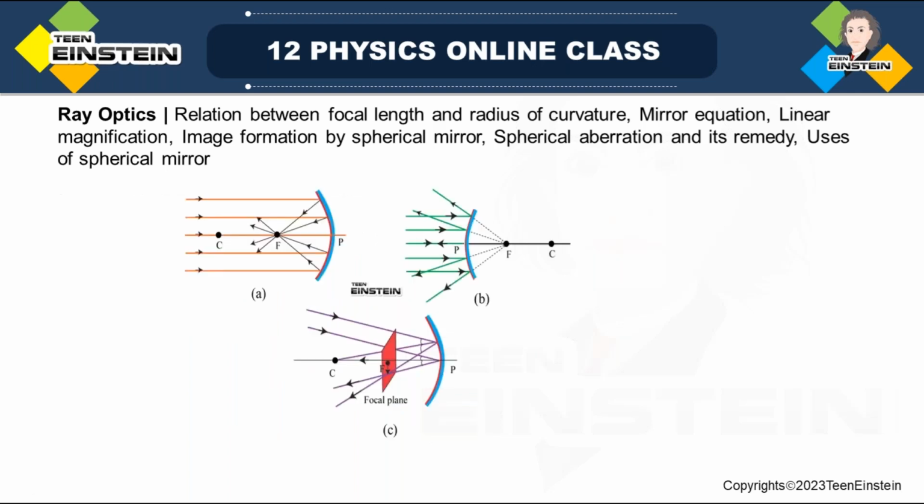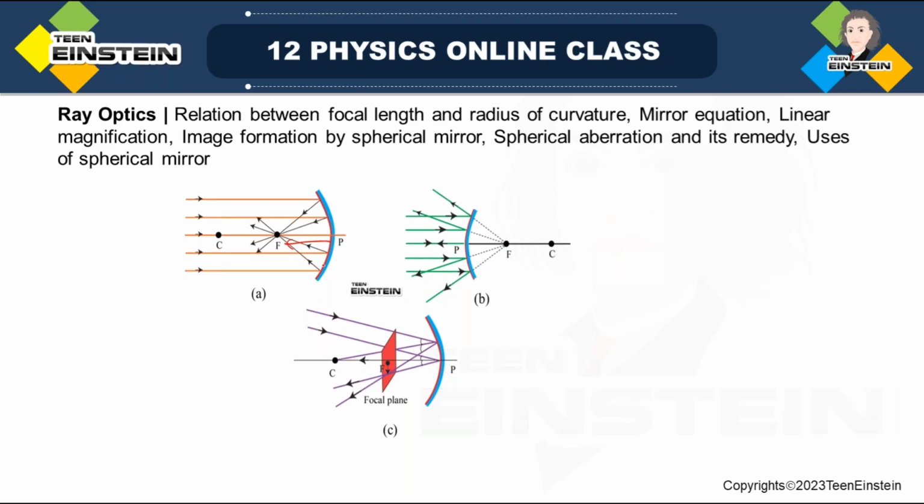Now, we discussed yesterday about the focus, for a concave and for a convex mirror. For a concave mirror, the parallel rays after reflection meet at the focus. This focus is measured in this direction.